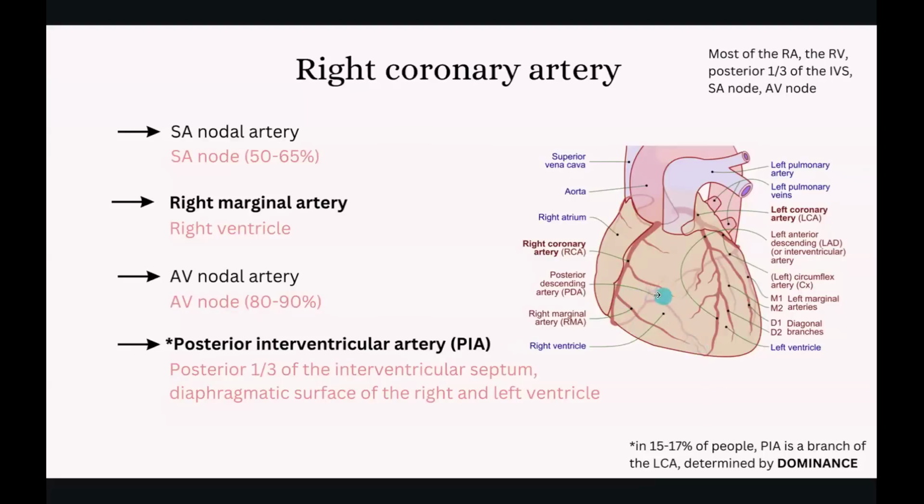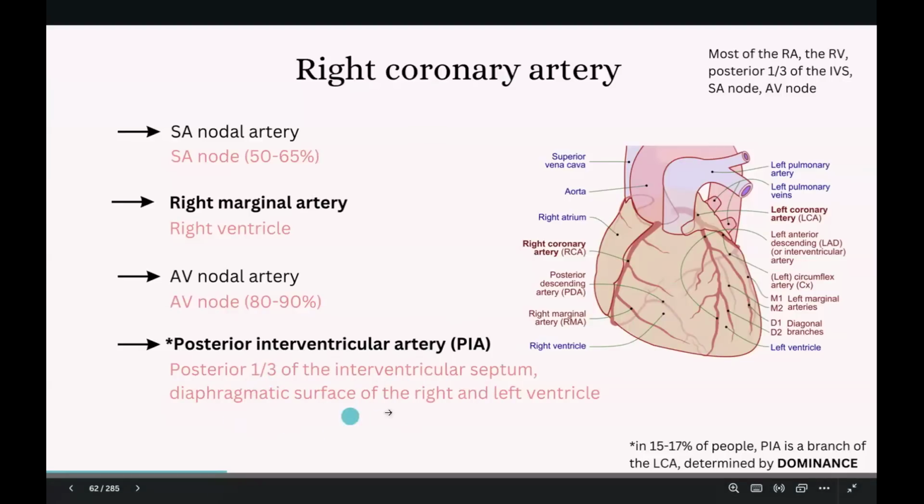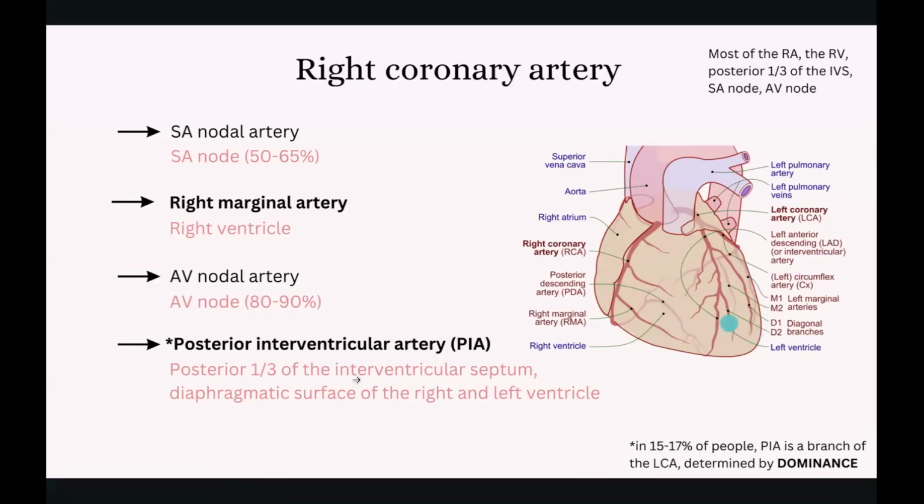So it's posterior and it's interventricular, so it's between the right and left ventricle, and it goes down the interventricular sulcus. It supplies the posterior 1/3 of the interventricular septum, and also the diaphragmatic surface of the right and left ventricle. Again, you can assume this based on the location that it's going.